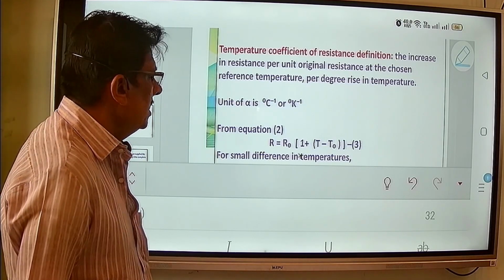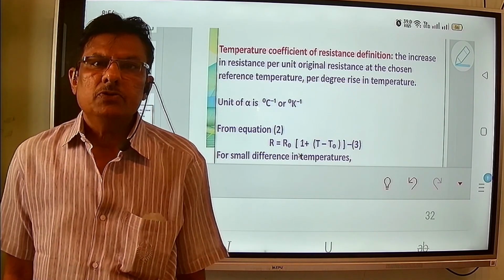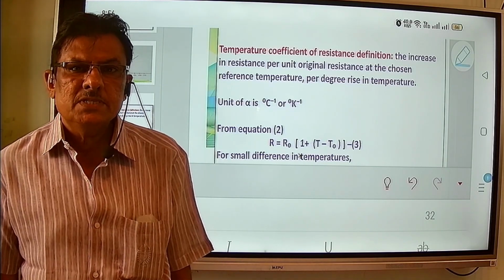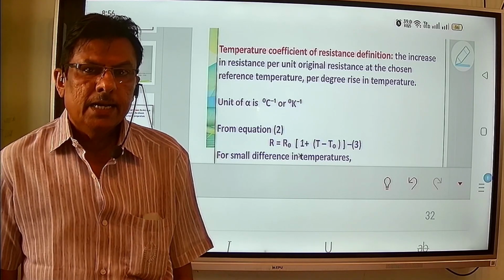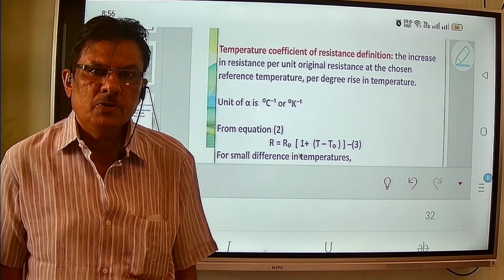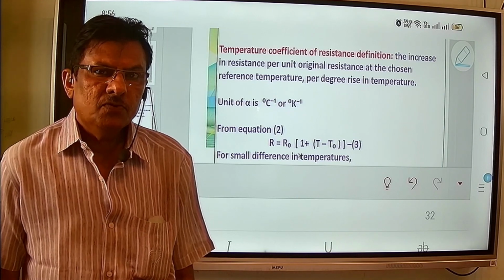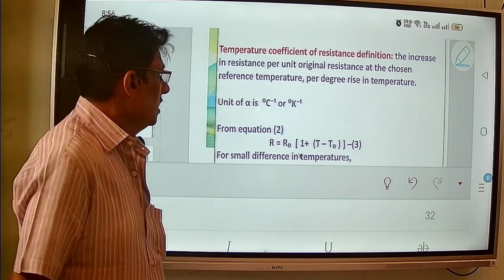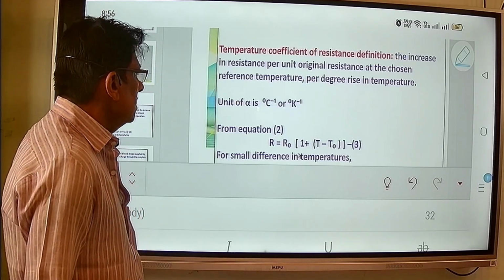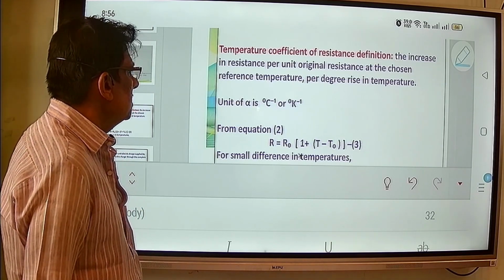How does it increase? We take the first temperature as the chosen temperature, which is 0 degrees Celsius, and while doing the experiment we change to the final condition. Therefore we say that this R is the final value of resistance, or rho is the final value of specific resistance.